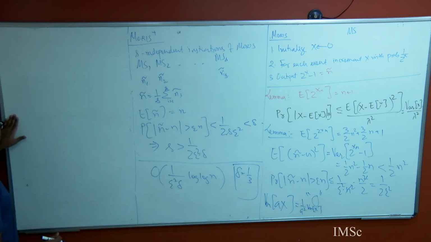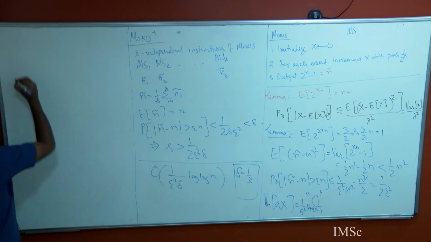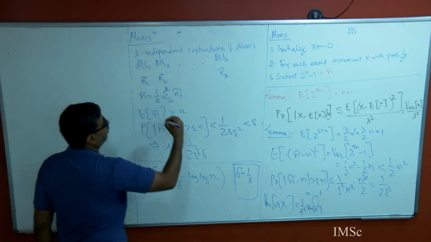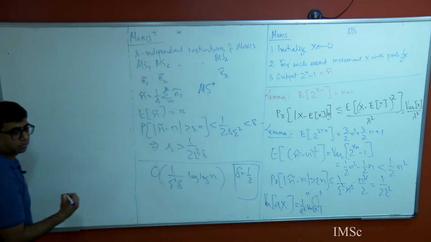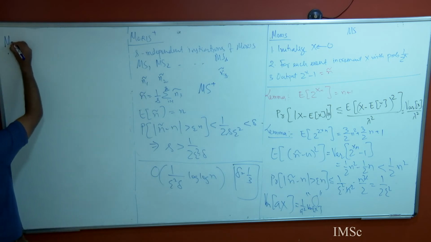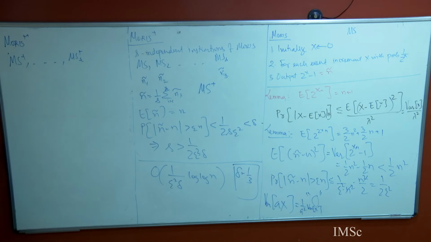Now what I do is the following. These algorithms are called MS plus. So what does Morris plus plus do? It calls MS plus t times, and then it is going to return again the median.